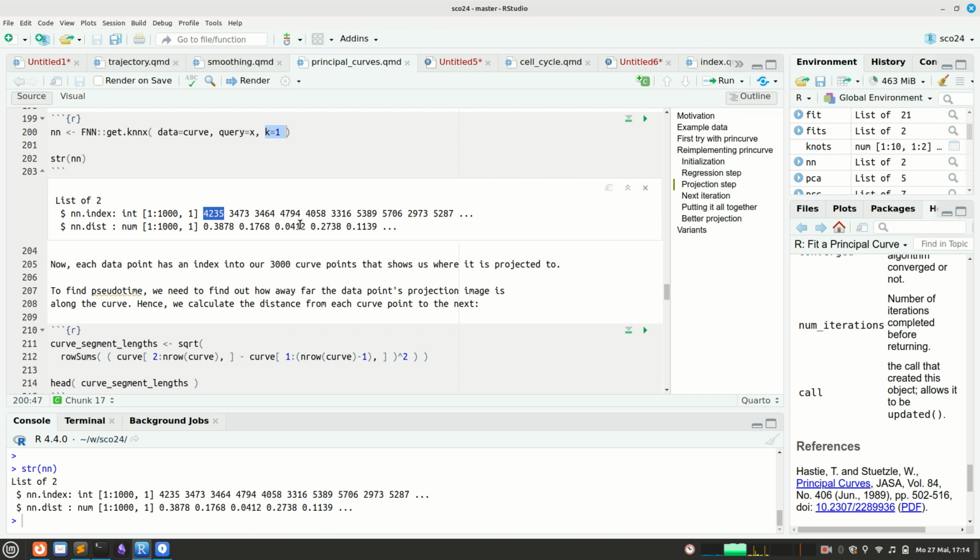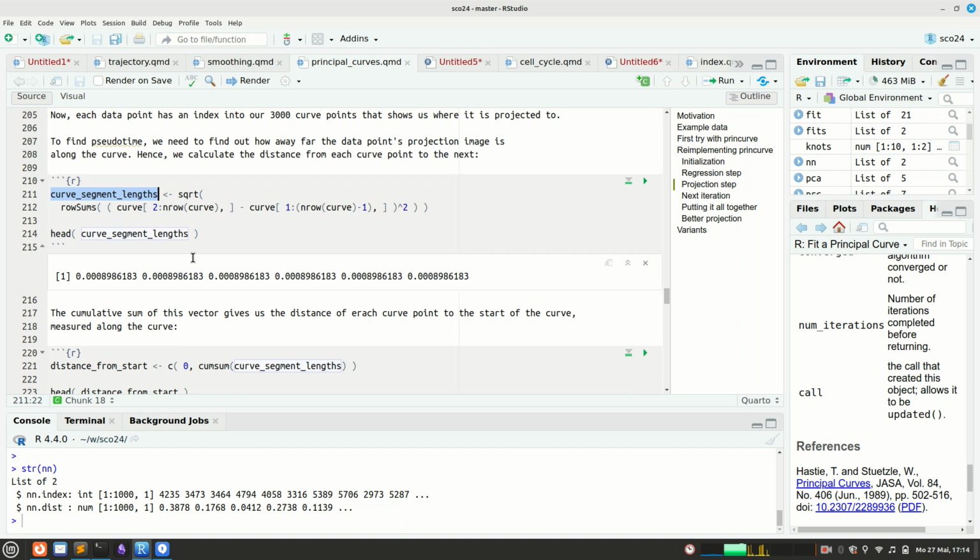I take these 9,999 curve points, except for the first one, and these are all curve points except for the last point. So I subtract each curve point from its neighboring curve point. Then I square these distances, sum them up, and after I take the square root, I get the length of these 9,999 curve segments.